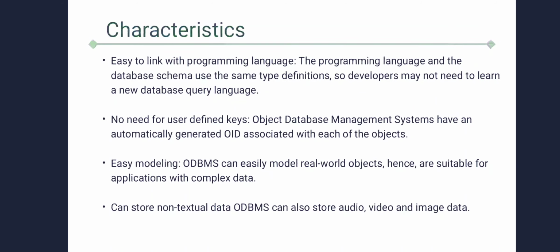So the different characteristics of an object-oriented database management system are: first, easy to link with programming language. This means you can have a relationship between the database and the programming language with the database queries, which will help you connect easily with the programming language and also with the database.